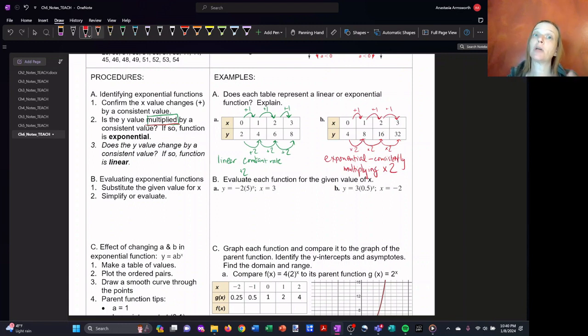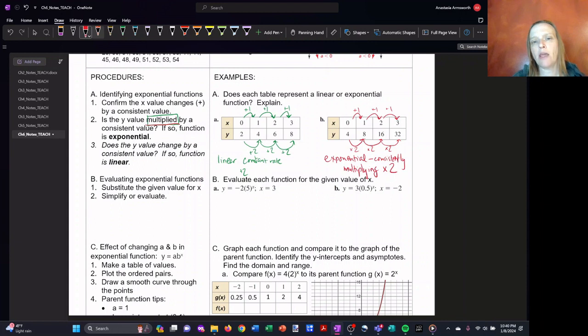So it's important to be able to look at a data table and identify, is this linear? Is this something else? And in this particular example, this is an exponential function. Next, let's look at this format here, y equals a times b to the x power, and how to plug in values to evaluate the equations.